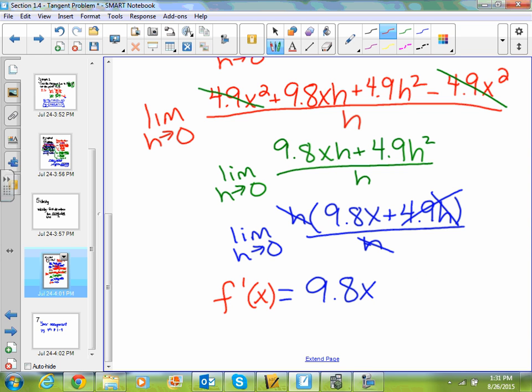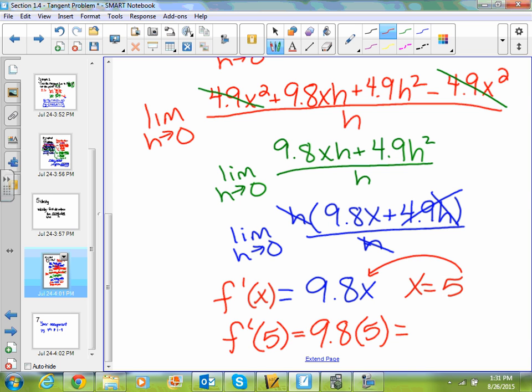So if I want to find when x equals 5, then I just plug in 5 for x. So f prime of 5, my first derivative at 5, is 9.8 times 5, which is what? 49? So, which is equal to 49. So my velocity at x equals 5 of that graph is equal to 49.